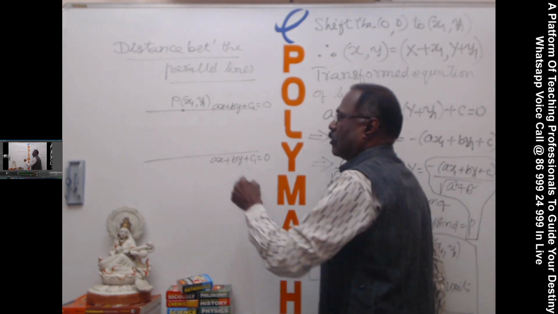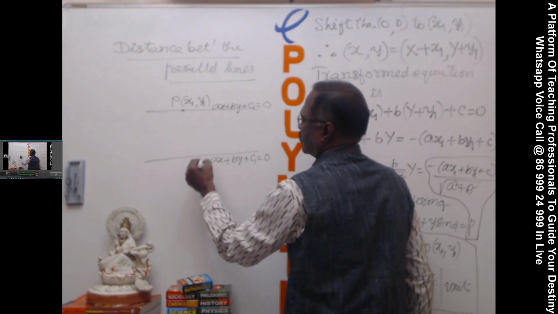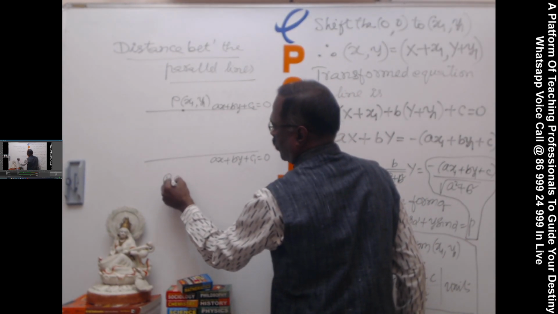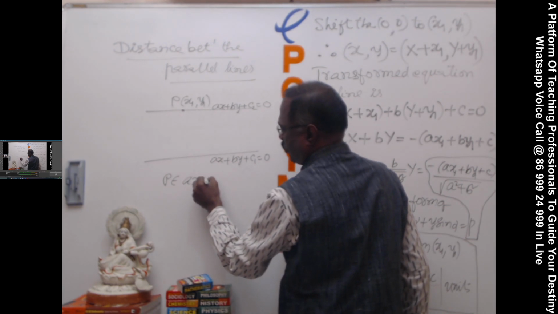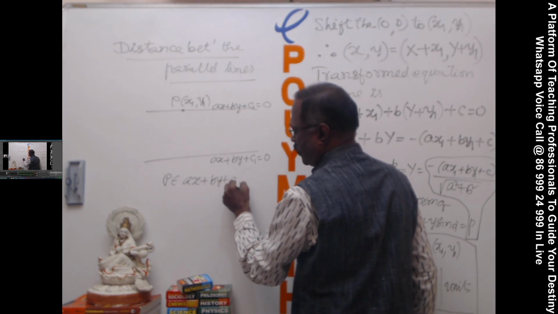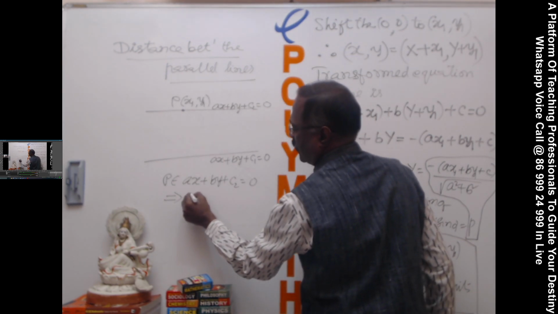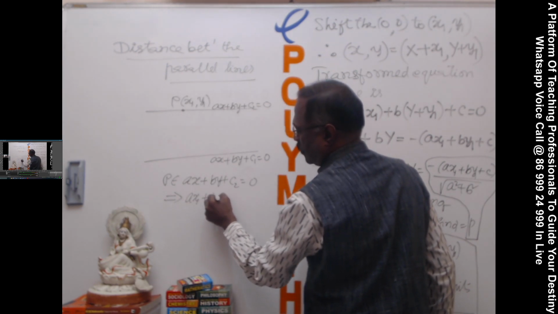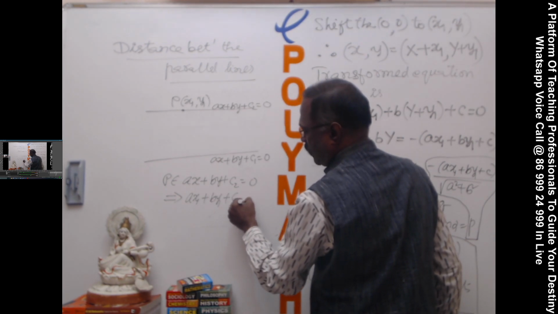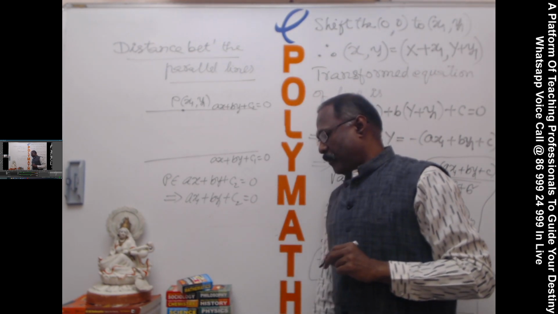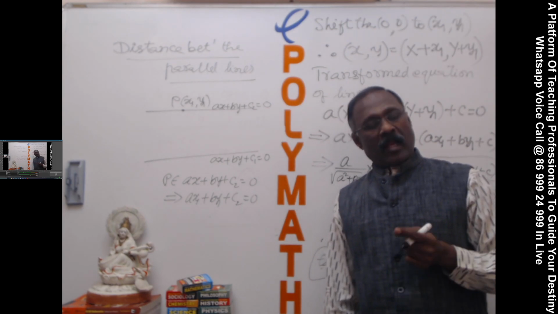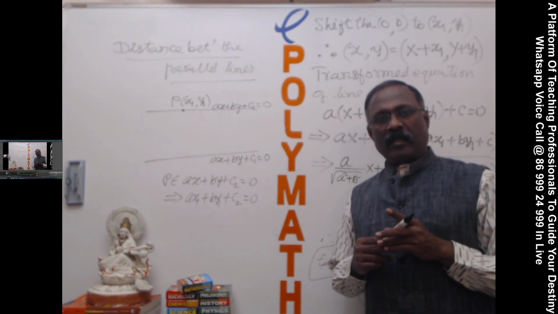Now, P belongs to this line, ax plus by plus c2 equal to 0. If you substitute, ax1 plus by1 plus c2 equal to 0. Why should it be? Because the point is lying on the line.